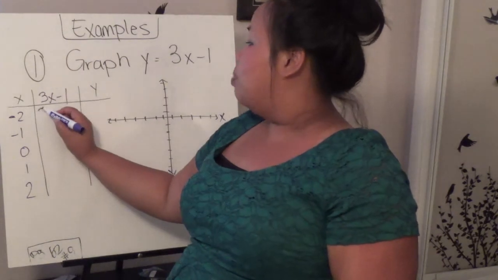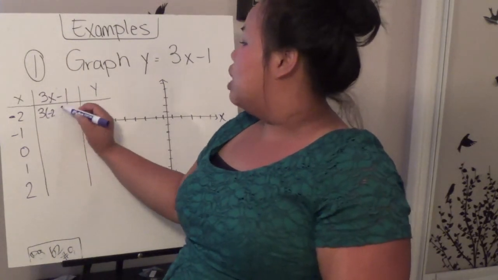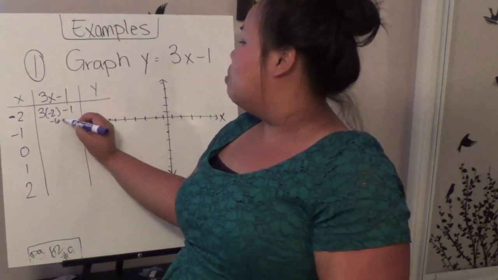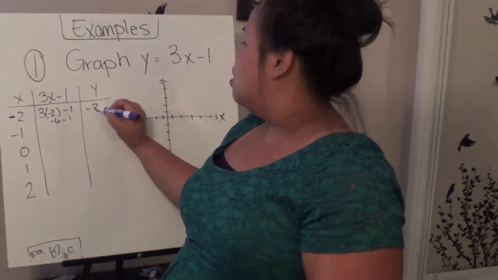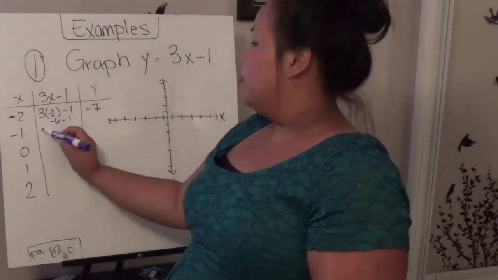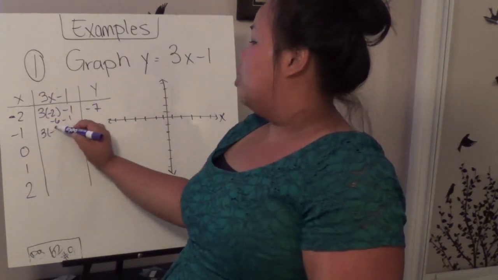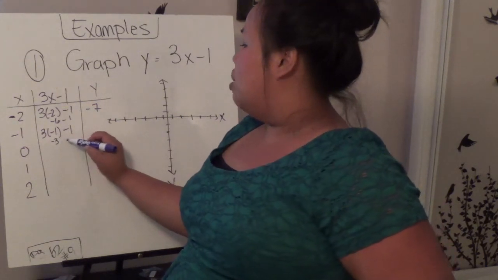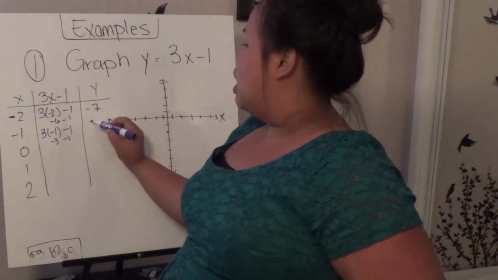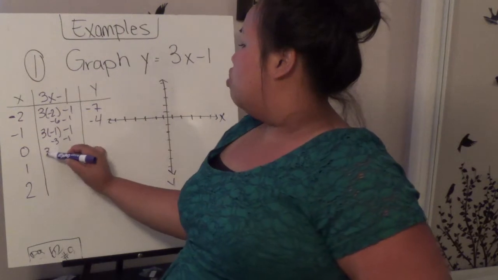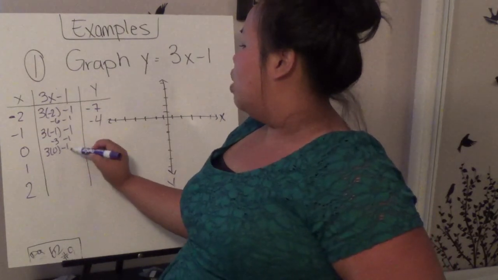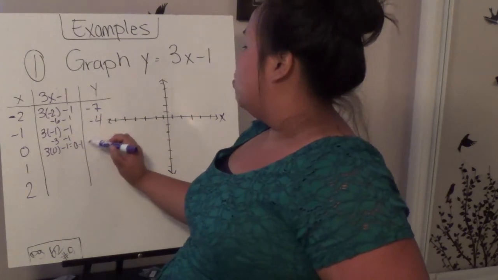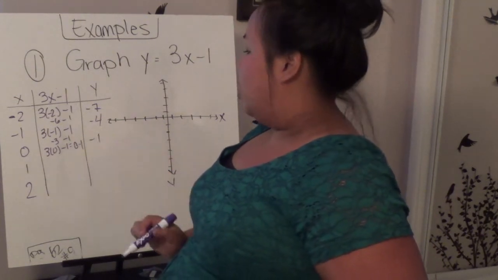So what that means, I'm going to plug in x. So 3 times -2 minus 1. 3 times -2 is -6, minus 1 gives me -7. Okay? 3 times -1 minus 1. 3 times -1 is -3, minus 1 gives me -4. 3 times 0 minus 1 gives me 0 minus 1, which is -1.